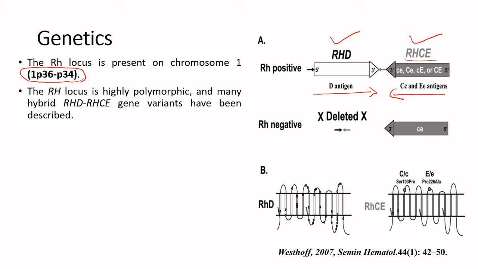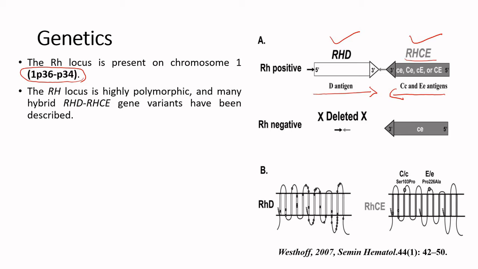Because the Rh locus is highly polymorphic, it has a high amount of variations, which results in different variants of this RHD and RHCE. Here you can also see how many variants can happen in CE. So that is why about 54 different antigens can be formed.